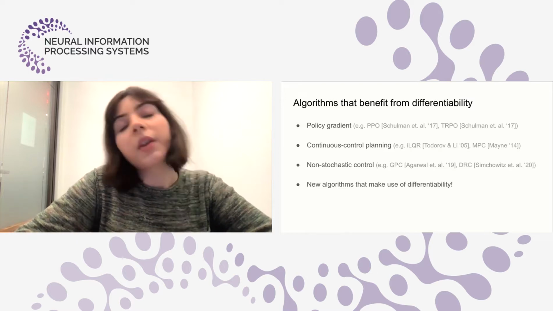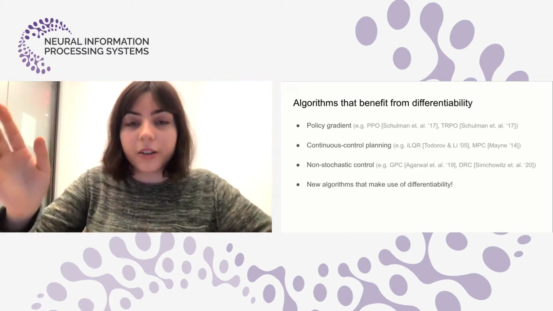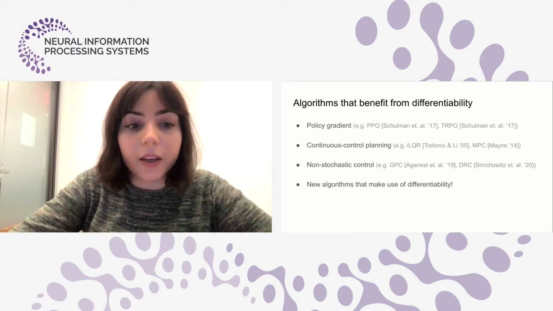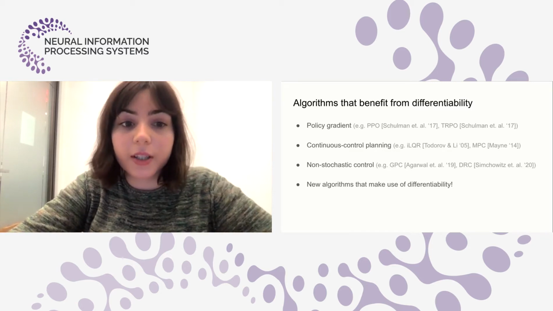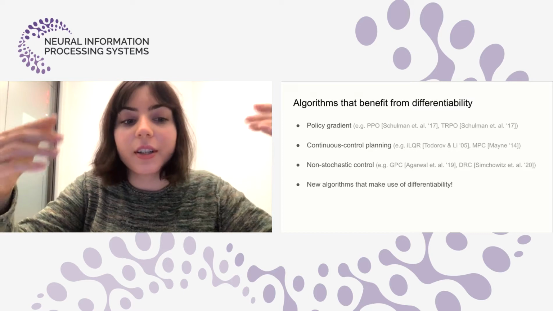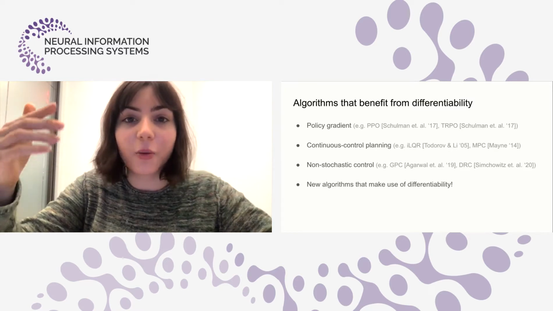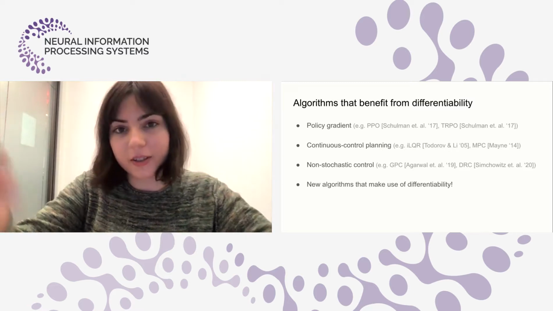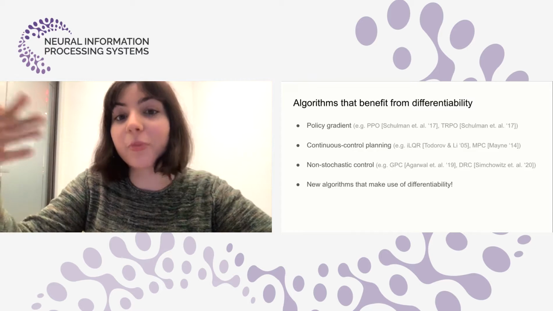And thirdly, non-stochastic control algorithms, a new set of methods that are inherently gradient based and which have been getting increasing popularity and promising theoretical and experimental results. Finally, we also believe our library will inspire future algorithm research that focuses on harnessing differentiability. So perhaps there's still a lot we haven't even seen yet, but that hopefully DELUCA will help bring about.